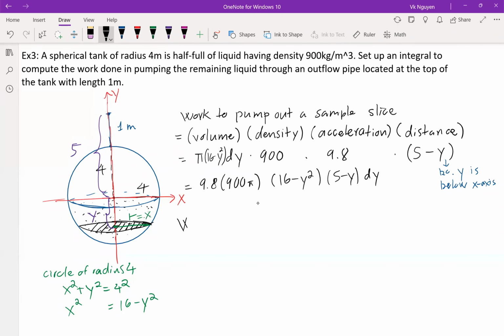Now the work to pump the bottom half is, well, we have to lift up each slice from -4 to 0. As you see, the y value is negative, which is why the distance is 5 minus y. So the integral of 9.8 times 900 pi times 16 minus y squared times 5 minus y dy. That is it. That is the setup right here.